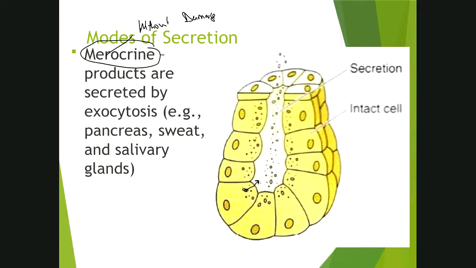It goes out by exocytosis. And so there's no damage to the cells. They stay intact. So if we look at what comes out of here, there are no cell parts. There's no destroyed cells. There's no cells that have pinched off tops. There's no parts. It's just whatever the product is.